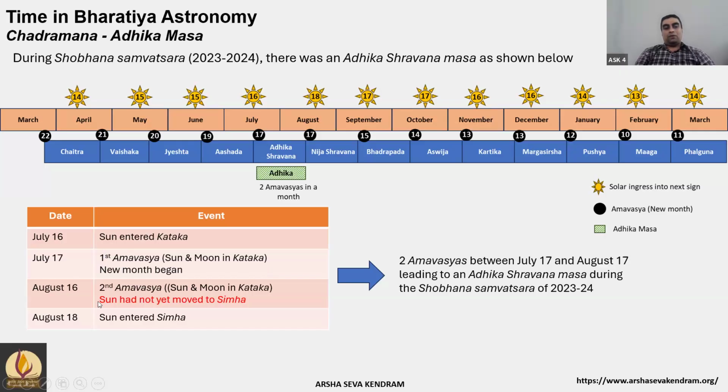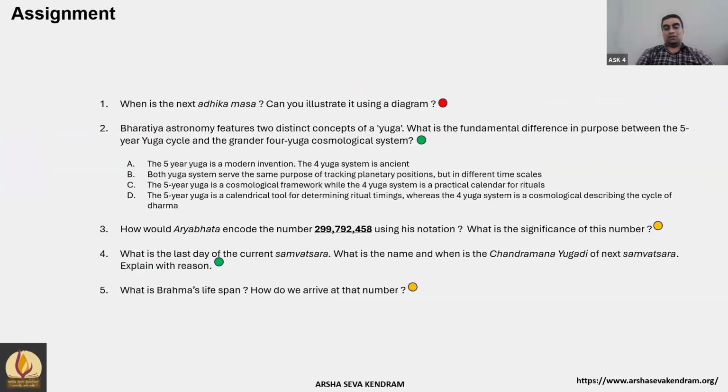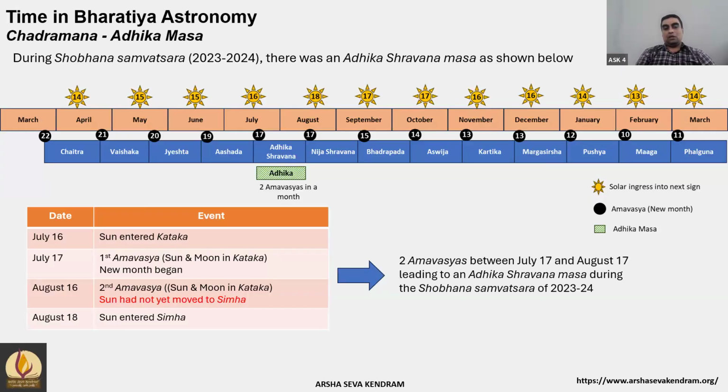But then, before the sun has moved into the next sign, which is Simha, the moon has gone a full circle and come back and joined the sun again in Kataka, right? So this is typically how the Adhika Masa happens, and only after the moon has gone forward, after August 17th, does the sun go to the next sign, which is Simha, right?